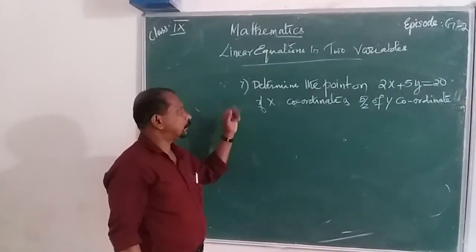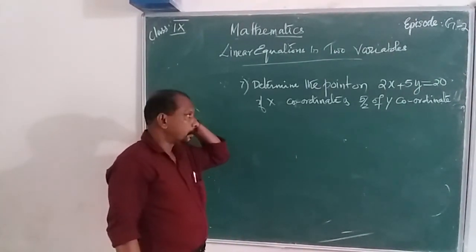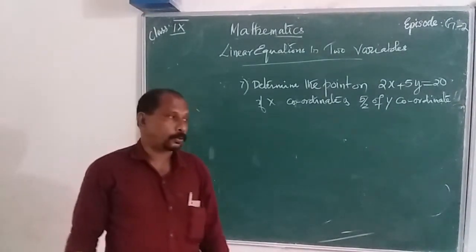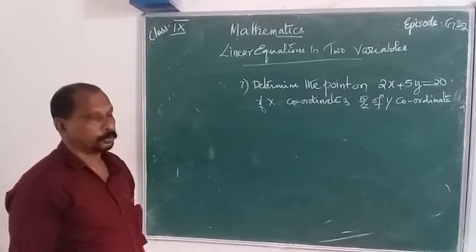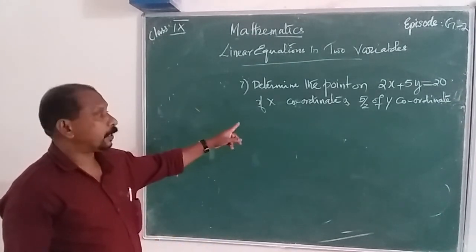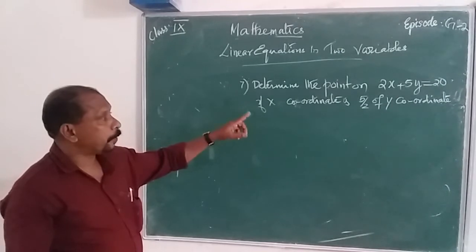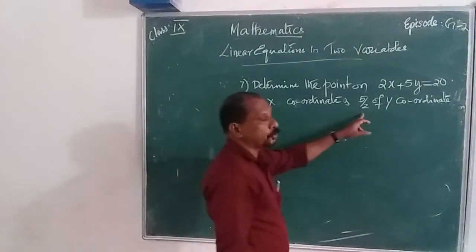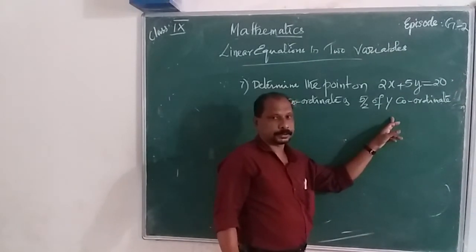Then the next question is: determine the point on 2x plus 5y is equal to 20. Let's explain that. If the x coordinate is 5 by 2 of the y coordinate, that means 5 by 2 times the y coordinate is x.